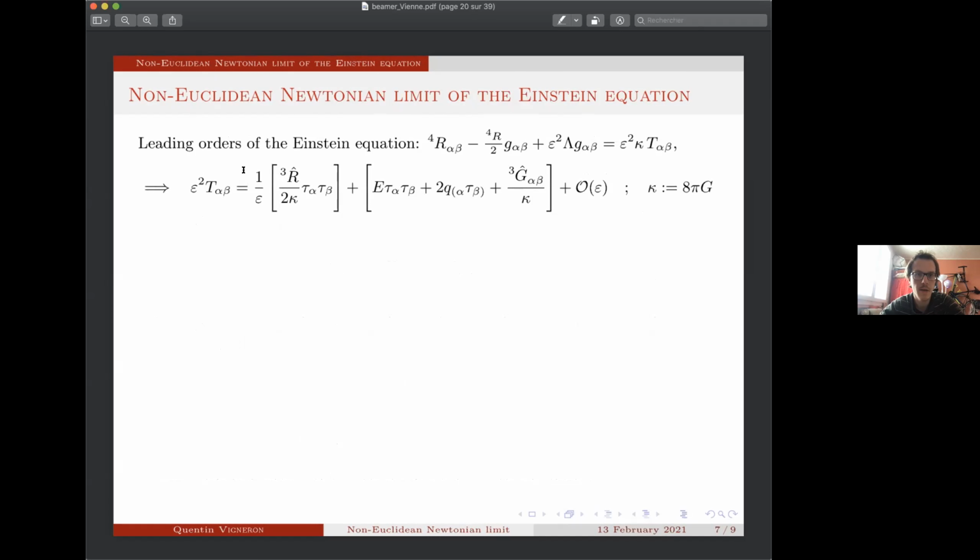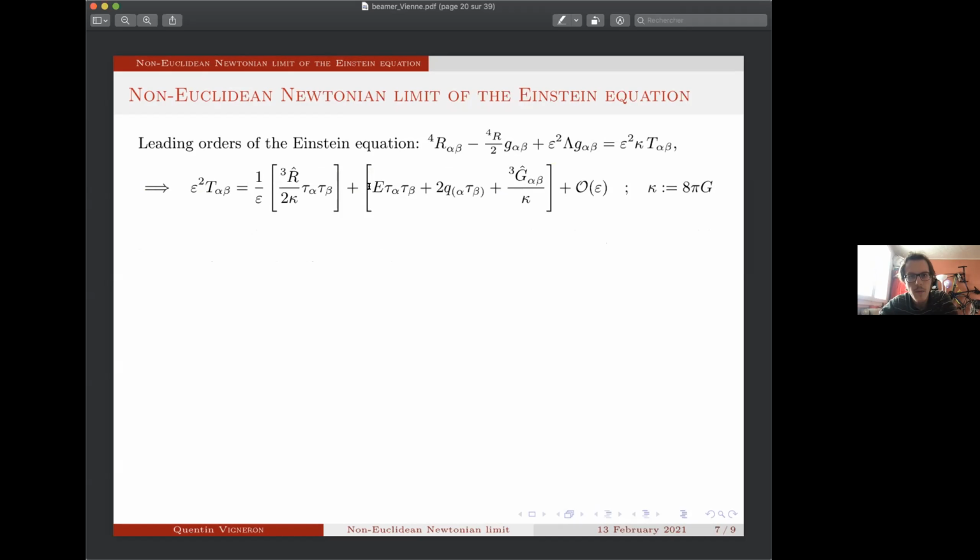We can then show that this stress energy tensor needs to feature a -1 order, which is proportional to the scalar curvature of the space metric, and a 0 order, which features 2, for now, unknown terms: a variable E and a vector Q, which by analogy with the usual decomposition of the stress energy tensor can be called a heat flux, and again by analogy, an anisotropic stress, which is proportional to the Einstein tensor of the space curvature. I forgot to tell that the hard variables are related to the Galilean structure.